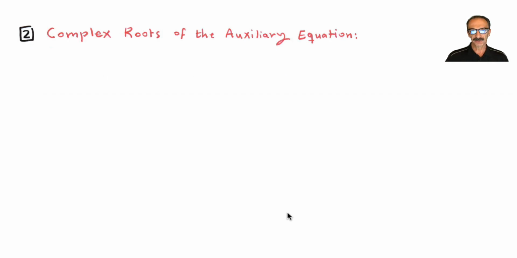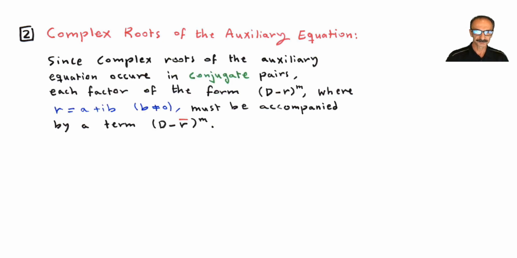Complex roots of the auxiliary equation. This is interesting, and I'll show you what's behind it and how they deal with it and change it to real terms. Since complex roots of the auxiliary equation occur in conjugate pairs, each factor of the form (D − r)^m, where r = a + ib, where b does not equal 0 to keep it complex, must be accompanied by a term (D − r̄)^m, with r̄ the conjugate.